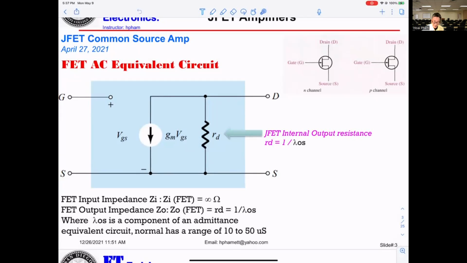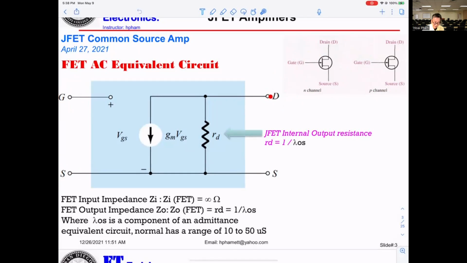This is the DC analogy for the N channel and the P channel. However, when you convert into the AC equivalent, this is the gate here, this is the short, and this is the drain.